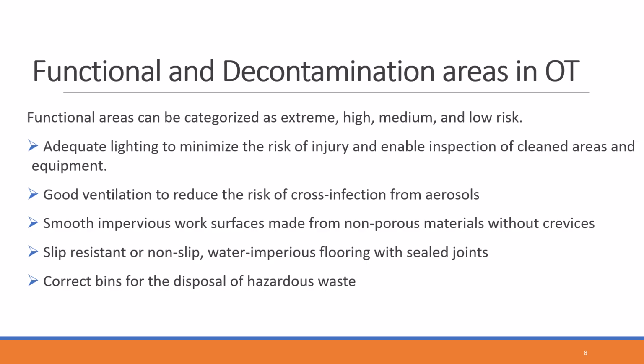So first priority is adequate lighting, and good ventilation should be there. So why is good ventilation required? To reduce risk of cross infection from aerosols. Third is smooth impervious work surfaces made from non-porous materials without crevices. Then next is slip resistant or non-slip water impervious flooring with sealed joints. And lastly, correct bins for the disposal of hazardous waste.